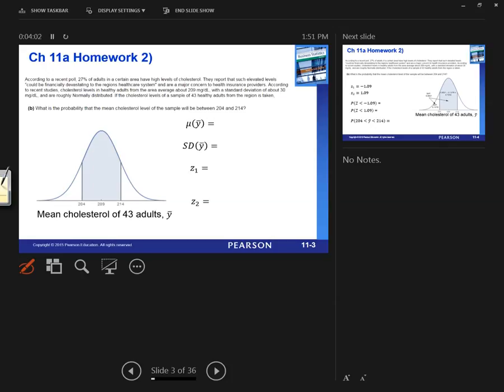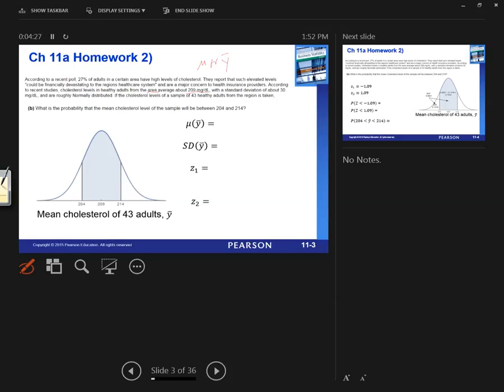Now, the question becomes, these 209 milligrams per deciliter, is this mu or x bar, or y bar, as we've been calling it? It's an average, so that's the mean. One of the ways we can tell if that's the mean of everybody or the mean of a sample is if they tell us how many there are.